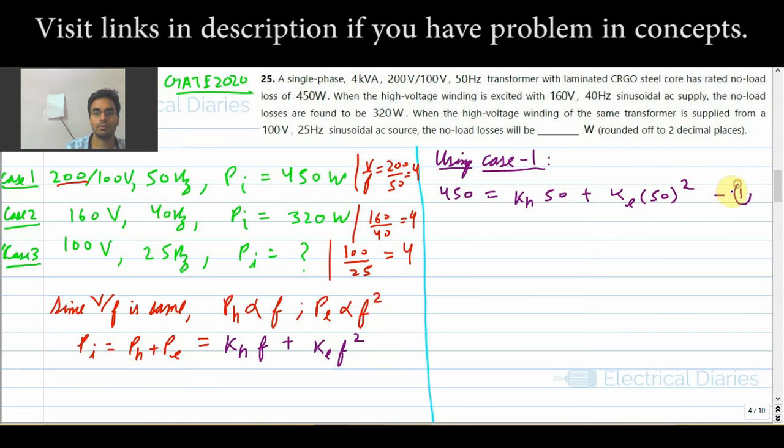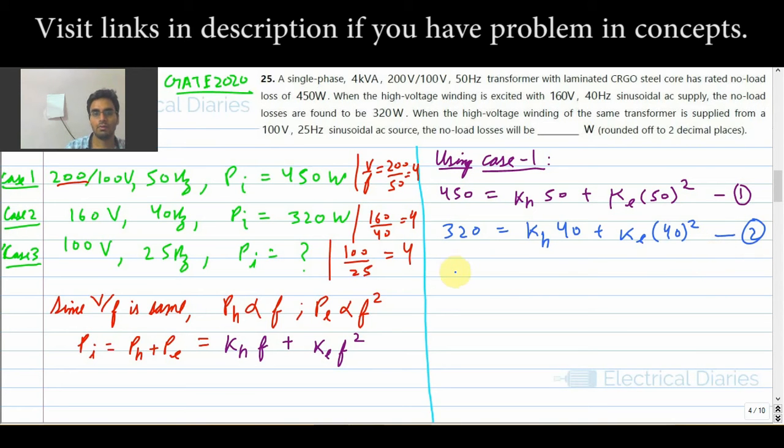So this is your equation 1. Your next equation will be 320 is equal to KH into frequency, this time 40, plus KE into 40 square, and this is your second equation.